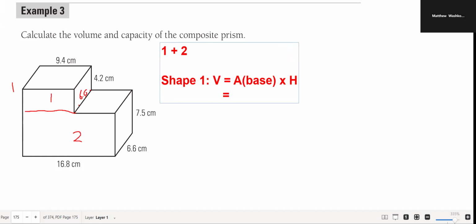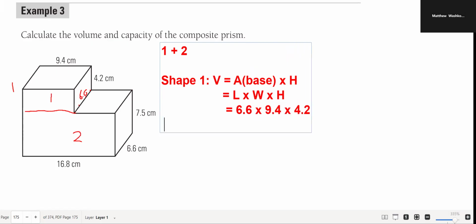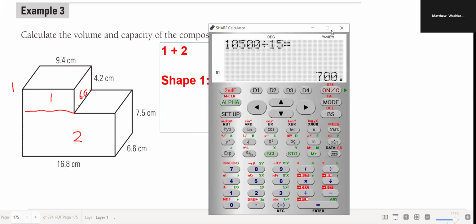My base in this case is a rectangle, so it's length times width times the height. 6.6 times 9.4 times 4.2. You multiply all those together.